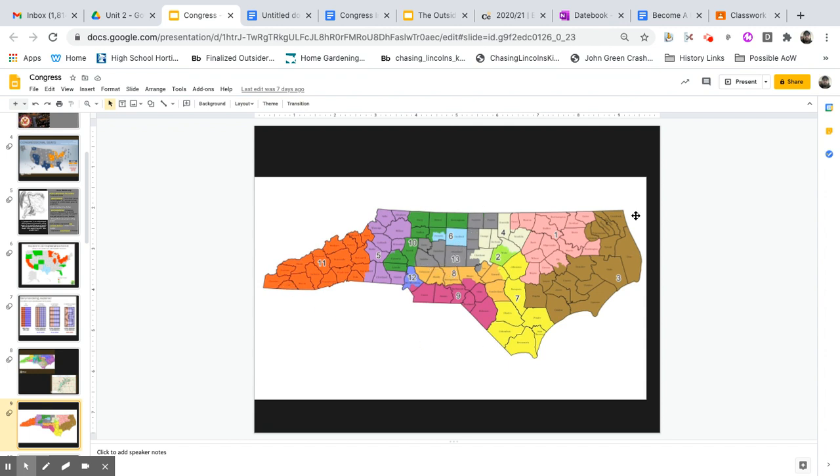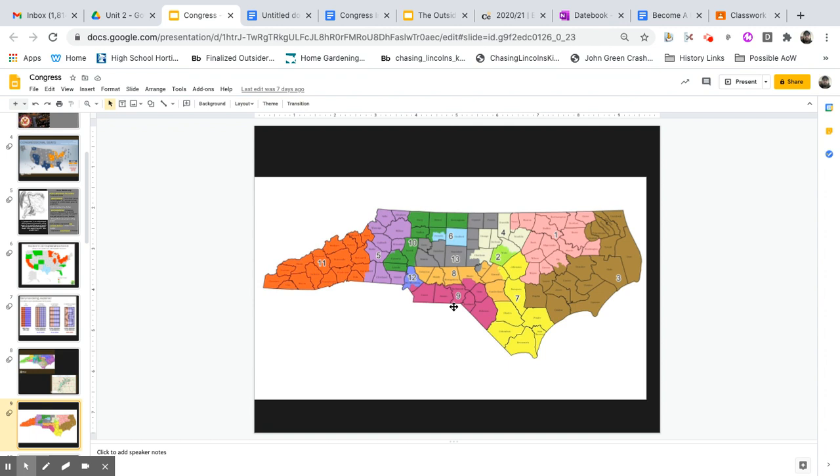You do not represent the entire state. You just represent these people. And as far as the federal government goes, these are your closest contact to the federal government. They're closest to the people because they represent such a small area. When it comes to the Senate, they're going to represent the entire state. But for congressional representatives, they only represent this tiny area.